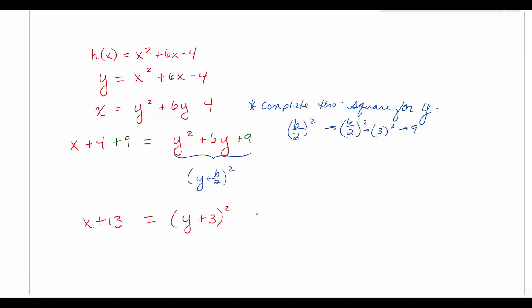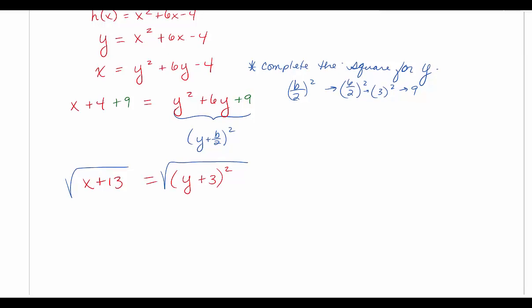Now we're going to take the square root of both sides. Since we're doing the square root property, we need the plus or minus. So plus or minus the square root of x plus 13 equals y plus 3. This plus or minus has emerged because we did the square root property.